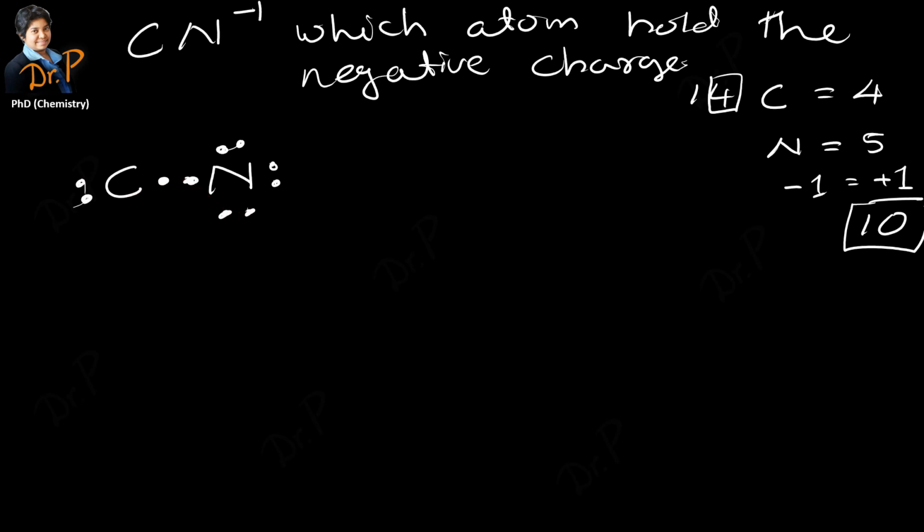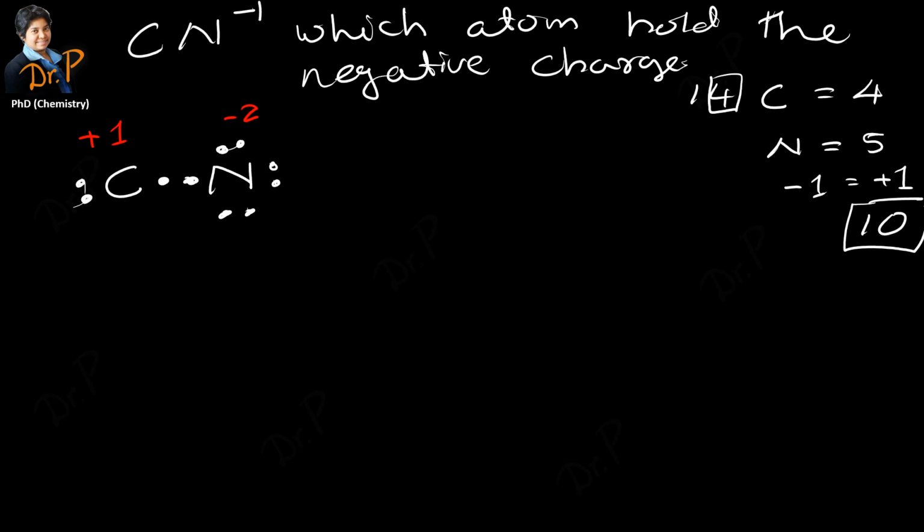If you want to calculate formal charges, go ahead and try that. You will find in this structure that carbon is going to hold a +1 charge, and nitrogen will hold a -2 charge.